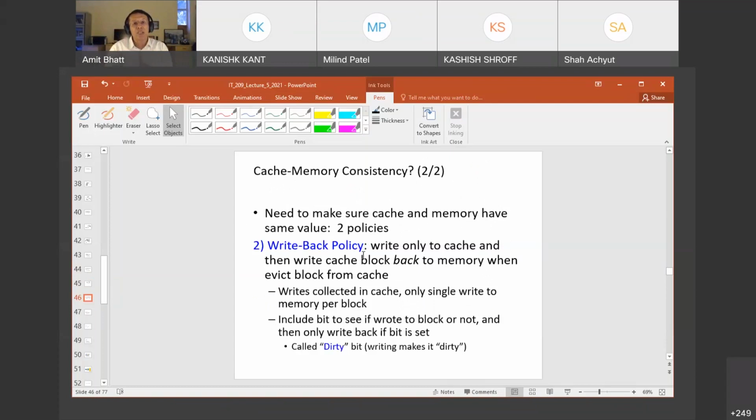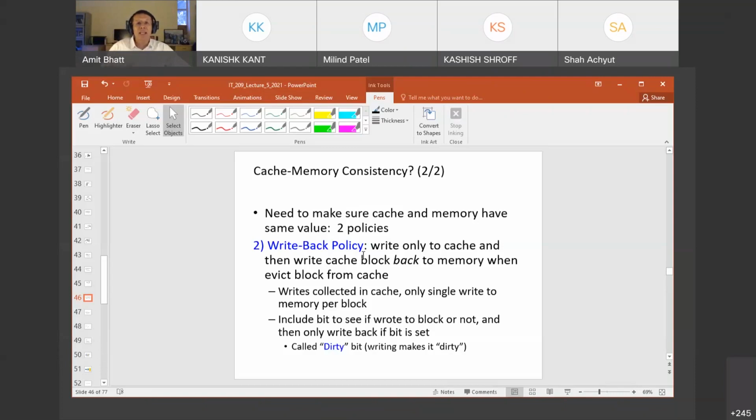And now the only question is, when do you want to update lower levels of memory? Right away? If you want to do it right away, then use the write through policy. If you want to wait till that block is to be thrown away, then it's called write back, that I will update this block only when it is to be thrown away. Otherwise, I will not waste time.